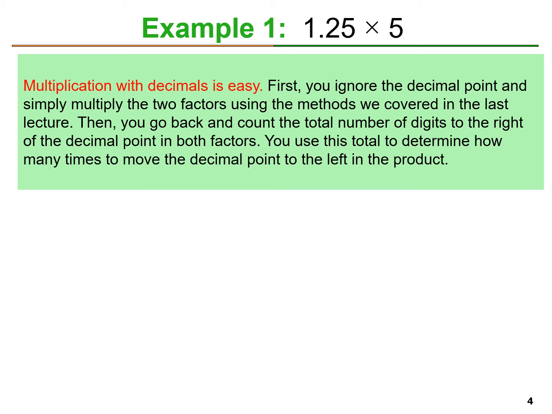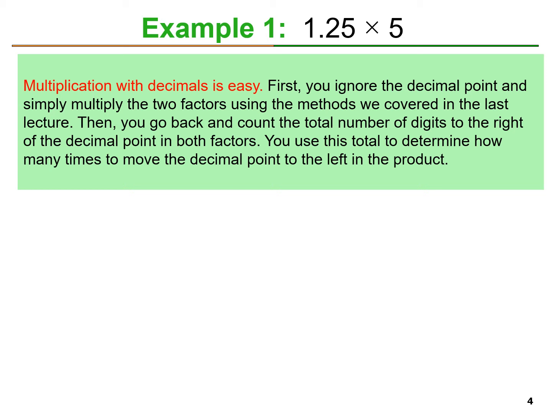Here's an example of multiplying decimal numbers. 1.25 times 5. Now, multiplication with decimals is easy. First, ignore the decimal point and simply multiply the two factors using the methods that we covered in the last lecture.